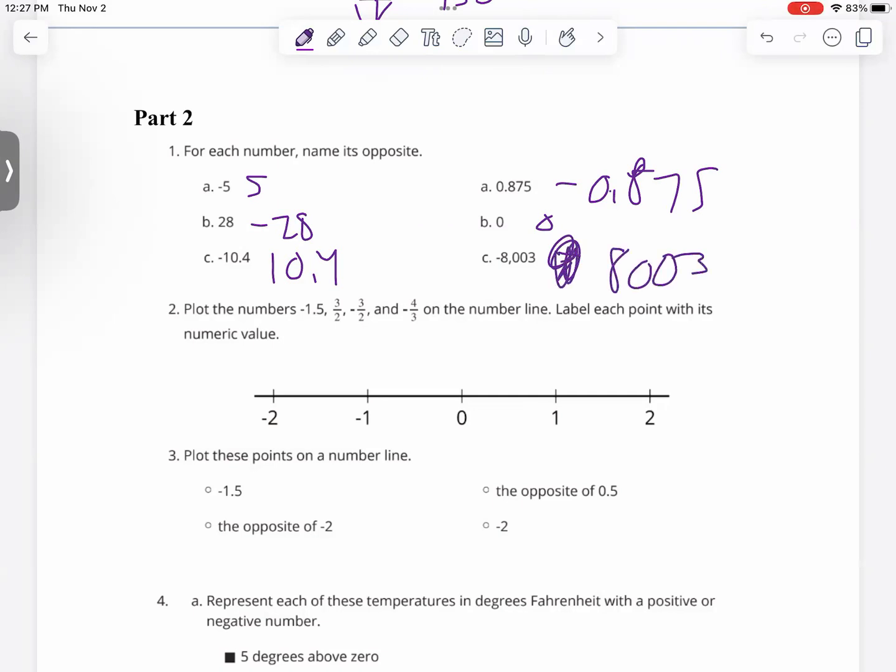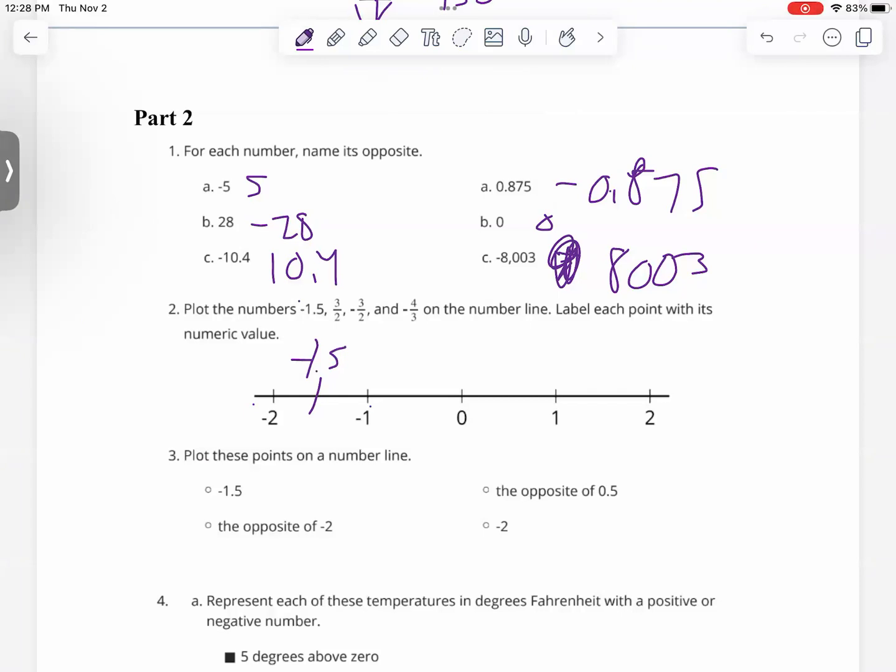All right, now we need to try to put these on a number line. I know that some of these will be somewhat challenging, but we're going to give it a shot. So negative 1.5, you should recognize goes between negative 1 and negative 2. 0.5 is halfway between, so negative 1.5 is right here. Then we have 3 halves.